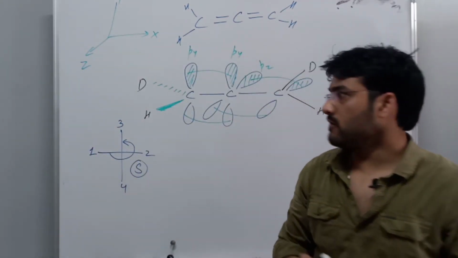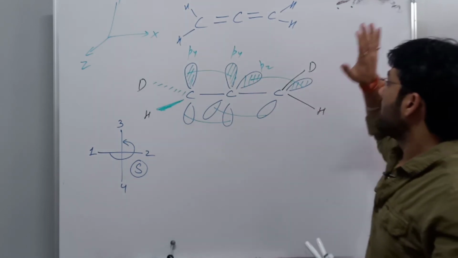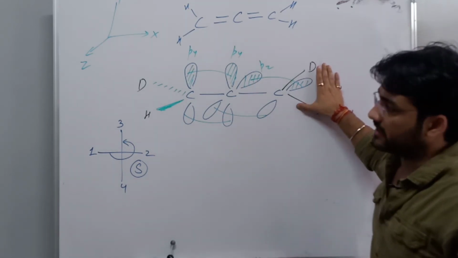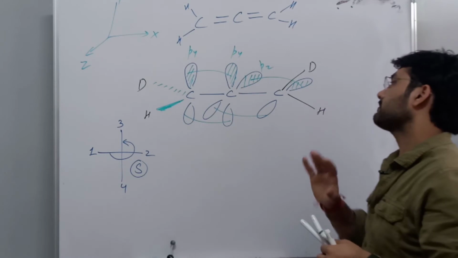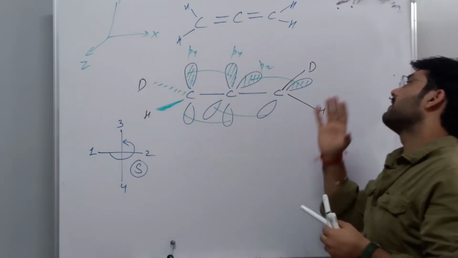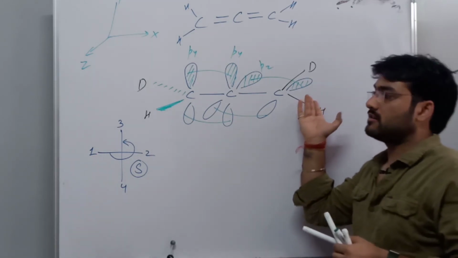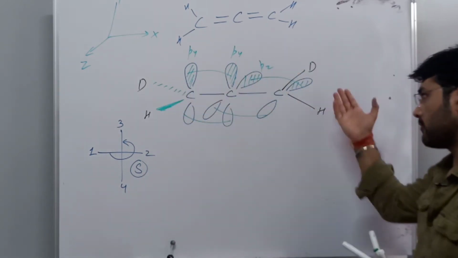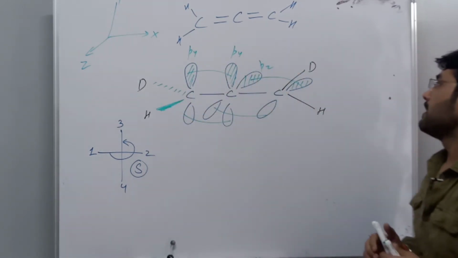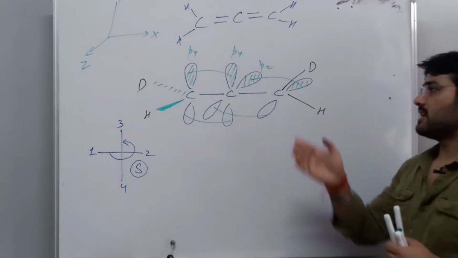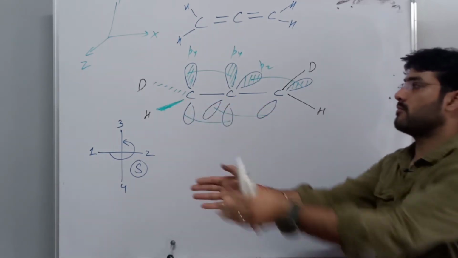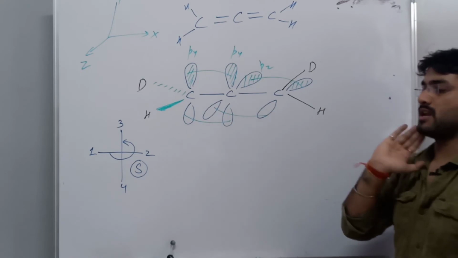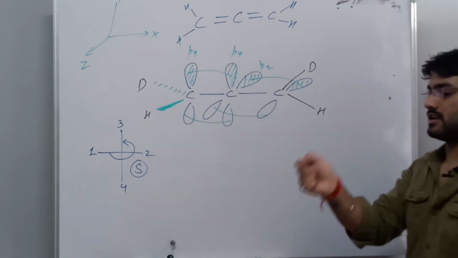If you want to check that you are not wrong, then if you see from here, the absolute configuration will be the same. So I am going to check from this side also. As I can see, these bonds are going away from me and these bonds are coming towards me, and D is coming here and H is coming here.